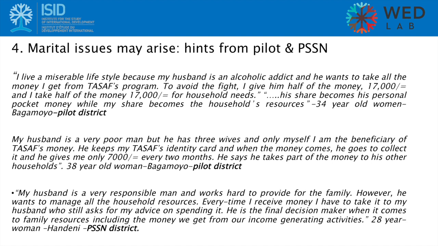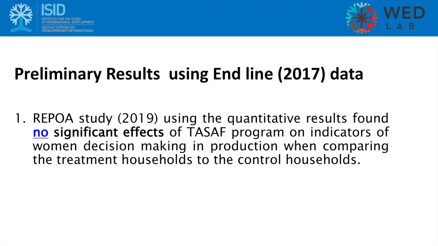So now, quickly, the preliminary results using the end-line data. Colleagues at REPOA, the think tank based in Dar es Salaam, found this a few months ago, looking at some of the indicators of decisions of production.